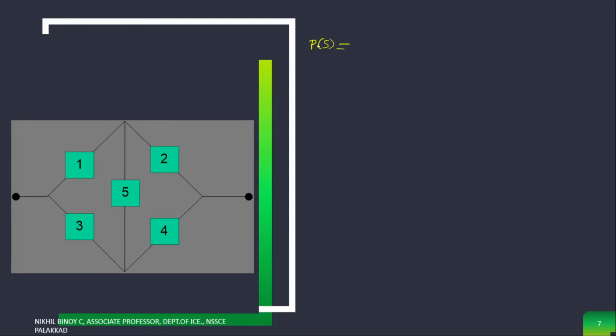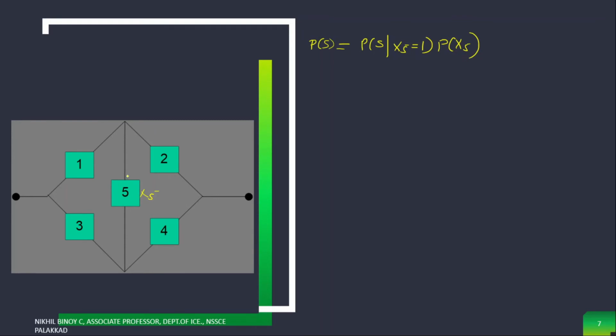So find the probability of survival of the system if this event is survived. If this event is survived means x5 equal to 1, or simply x5 into the probability of survival of that event.